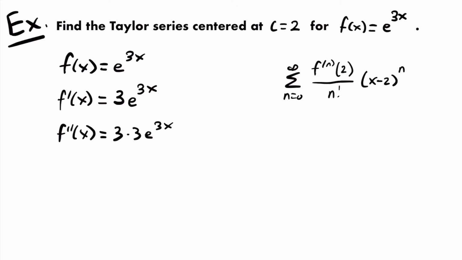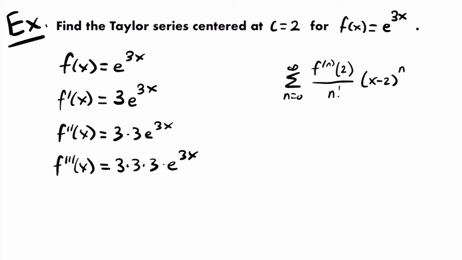We're just going to keep multiplying by another 3 each time, because when you take the derivative of e to the power of 3x, the chain rule says we need to multiply by the derivative of that exponent, which is always going to be 3. So the third derivative, f triple prime of x, will be equal to 3 times 3 times 3 times e to the power of 3x, because these two 3's carry over, and then the derivative of e to the power of 3x is 3 times e to the power of 3x.